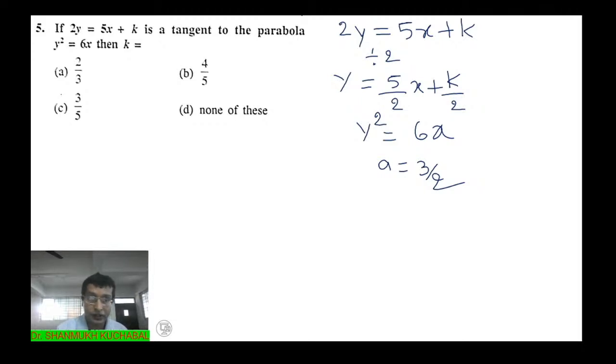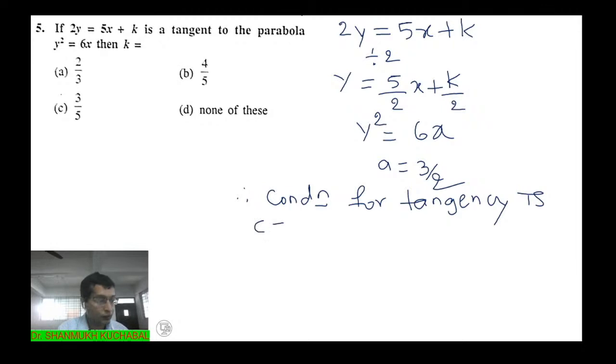Therefore, next we will define the condition for tangency, which is given by the formula c equal to a divided by m. So c is k by 2.